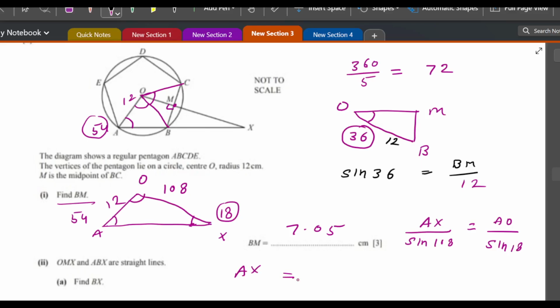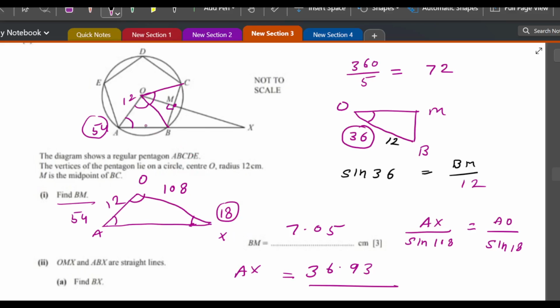So AX is AO, which is 12, divided by sine 18 multiplied by sine 108. So my answer is 36.93. 36.93 is AX.